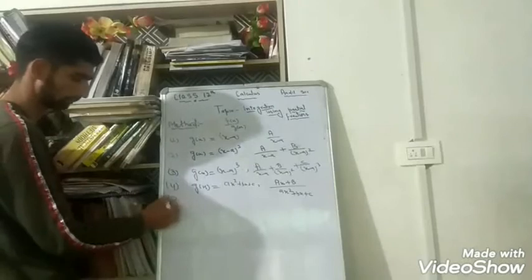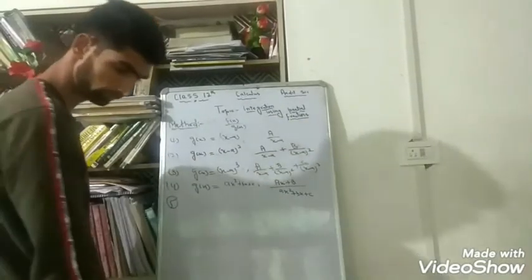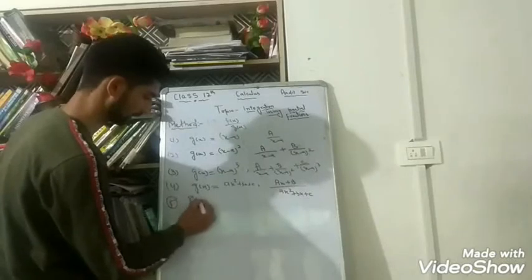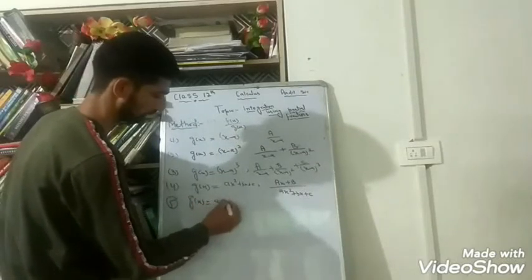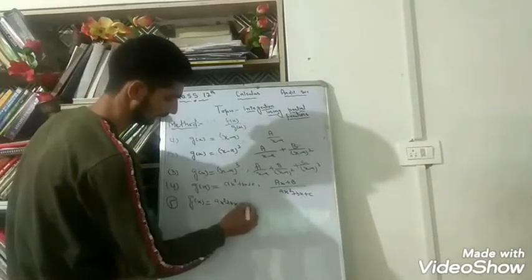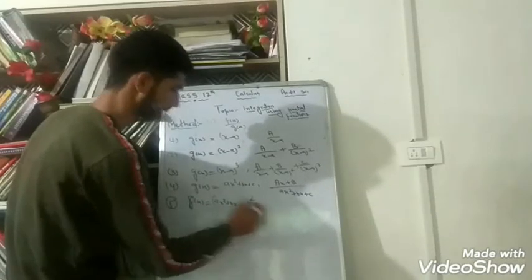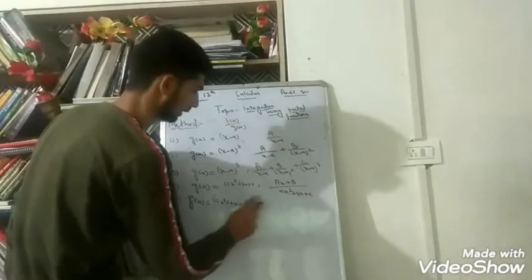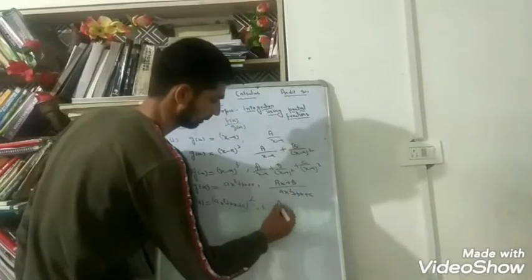So fifth one, if you have g of x equal to ax squared plus bx plus c whole squared, and we cannot factorize this quadratic equation, then its resolution you have to write as follows.